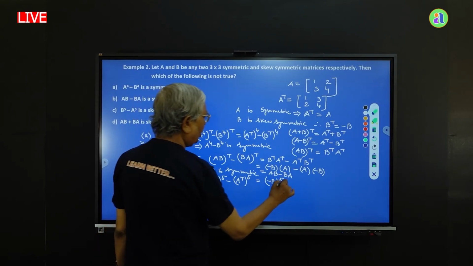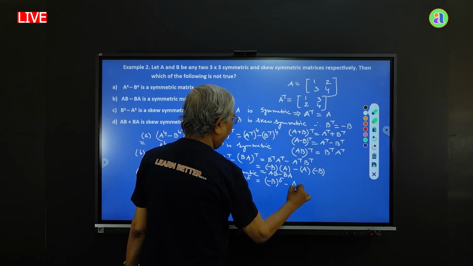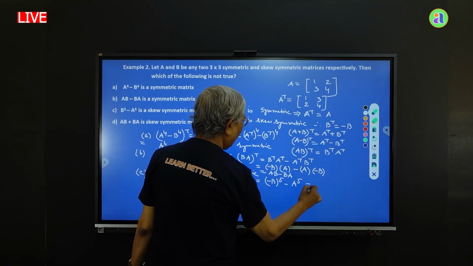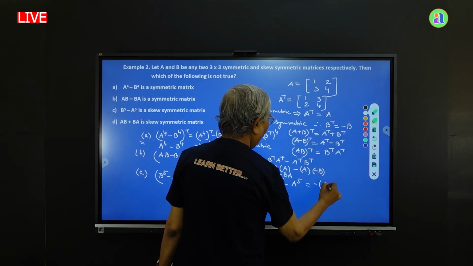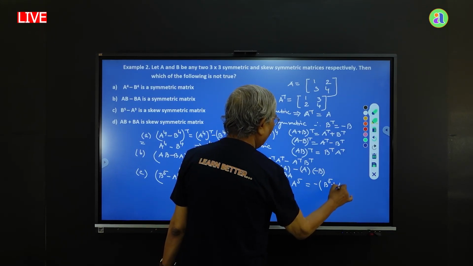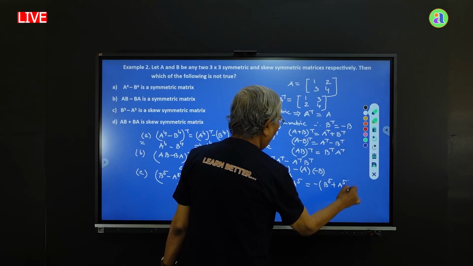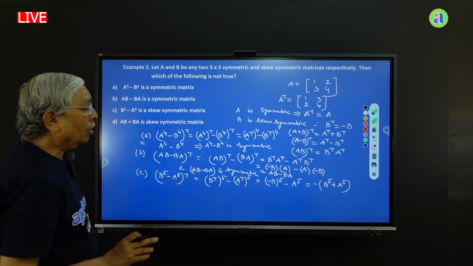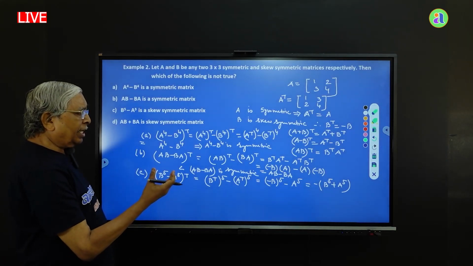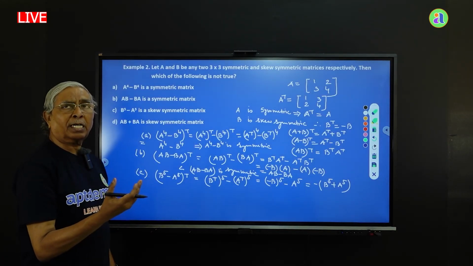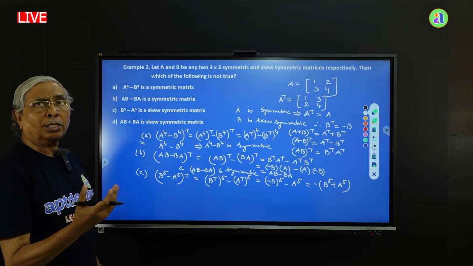What is our A transpose? This is our A. So A to the power 5. So you can write minus of (B to the power 5 plus A to the power 5). So we can conclude that whether it is symmetric or skew symmetric, we cannot conclude.